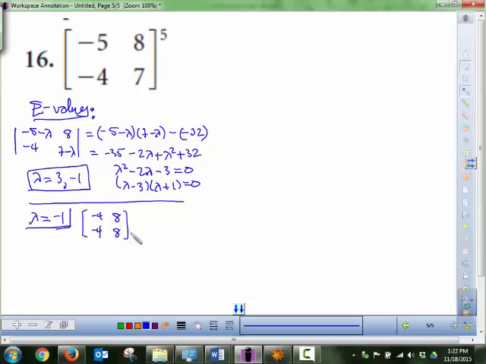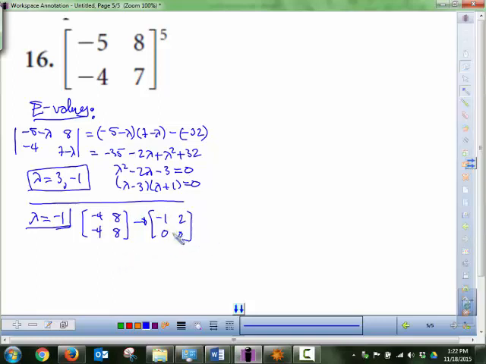Oh, there you go, it disappears. So you can make the whole bottom equal to 0. And I can take out a 4. So minus 1, 2, 0, 0.